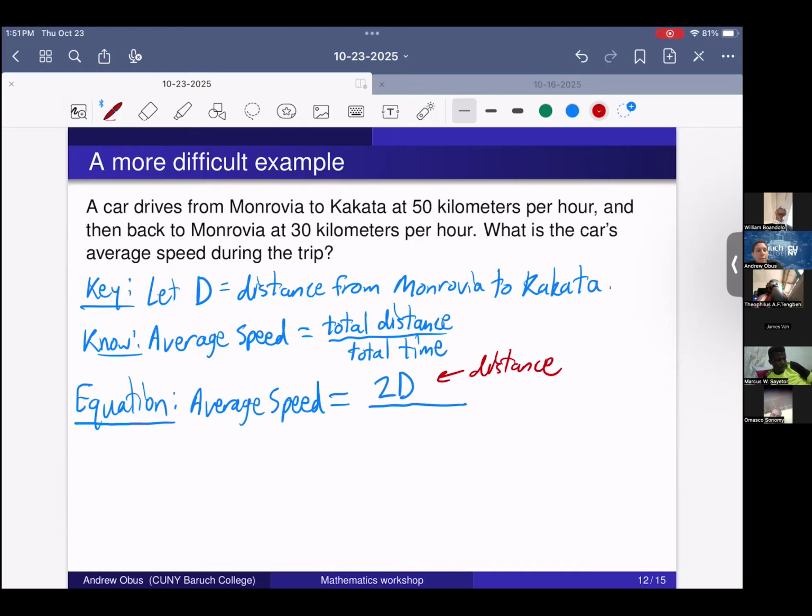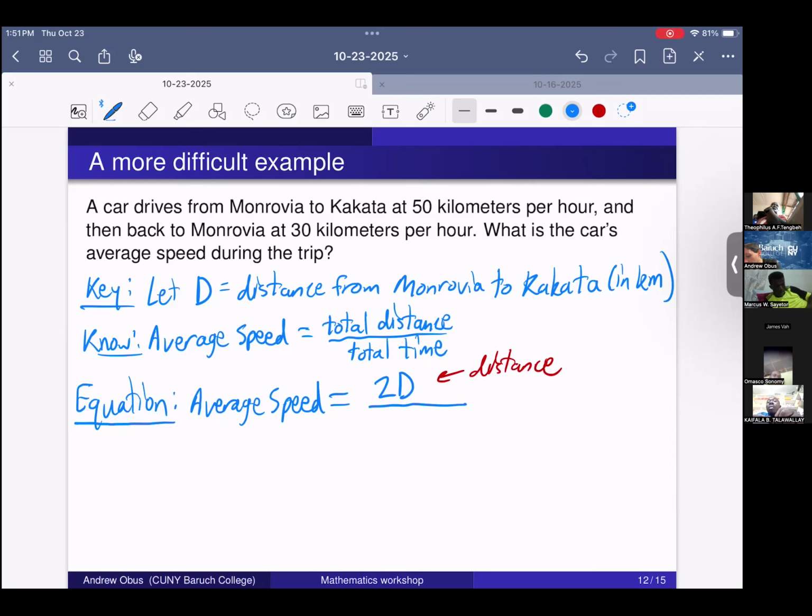Now, how much time does it take? Well, if d is the distance from Monrovia to Kakata, let's say in kilometers, it doesn't really matter, and you drive at 50 kilometers per hour, then the time is going to be d divided by 50.